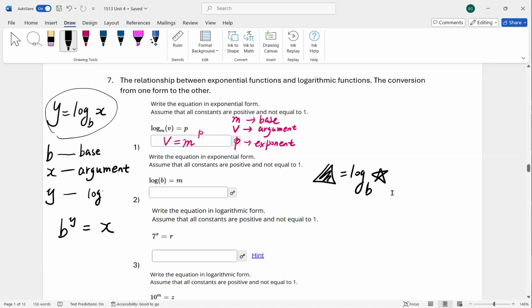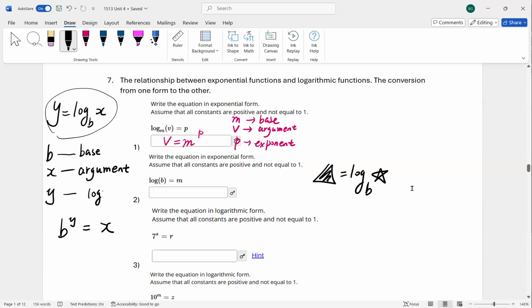What's the name for B in this equation? This equation defines a logarithmic function. You might wonder, what is the star? What is the triangle? It's just the quantity. Just want to put something abstract there.